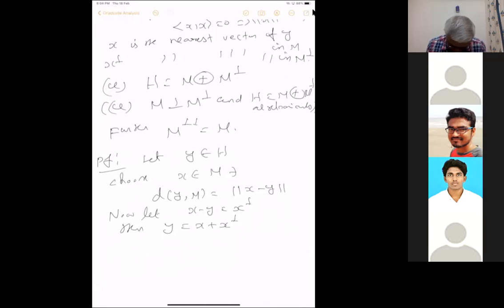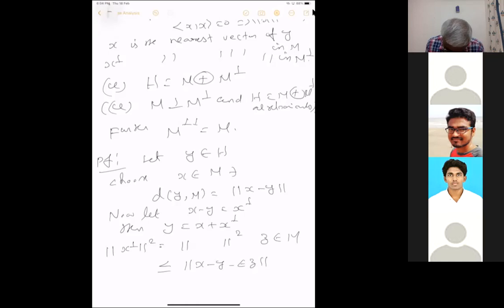Okay, let me do the following. Norm x perp squared equals, of course, x perp is equal to x minus y, so norm x minus y squared. This is less than or equal to the norm of x minus y minus some epsilon z, where z is in M. It will be easy if I write it as y minus x.